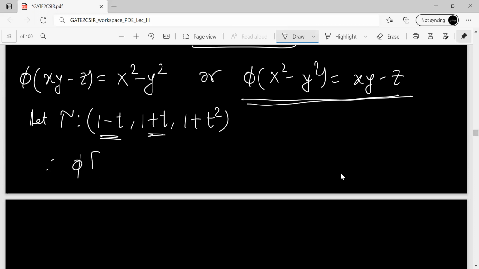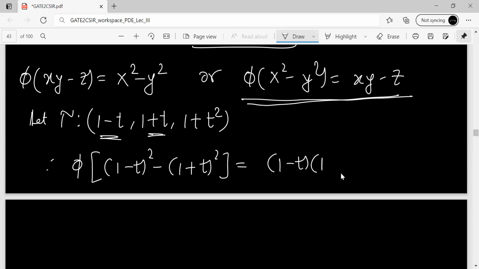So therefore, phi of x square minus y square is 1 minus t square minus 1 plus t square, and xy is again 1 minus t into 1 plus t, and then minus z, that means 1 plus t square. Yeah, happy? Let's go.